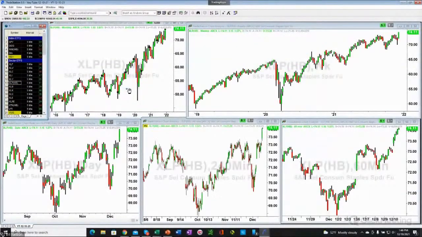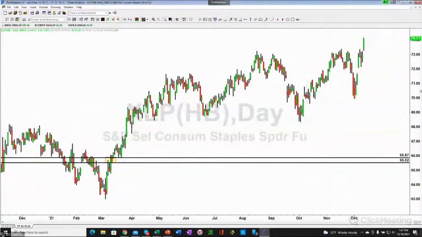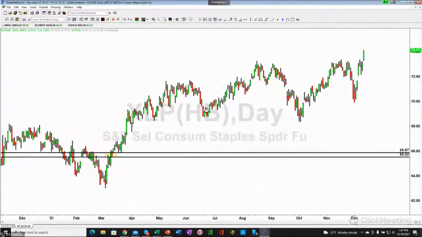XLP. These are the products we need. The Kimberly-Clarks, the Campbell Soups, food, our supermarkets. And one of the things you can do, if you're looking at this and seeing a pattern here, is look away from where prices have been in a range, go beyond that area, and use the Pinnacle method.